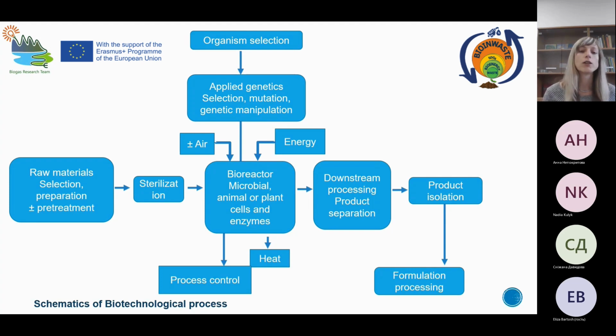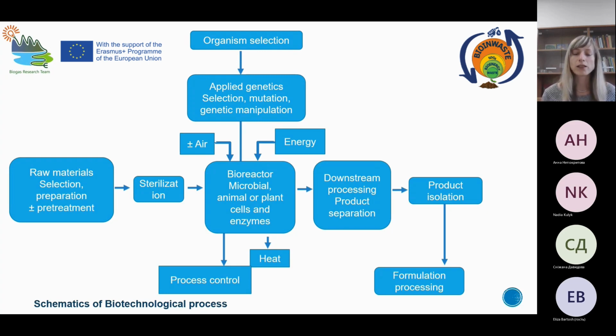It can be without air or with air. It can be some temperature, some other parameters that we necessarily check, monitor and control for feeding our organisms well that are involved in this processing. Of course, we need some raw materials that can be used as food for our organisms involved in this processing.